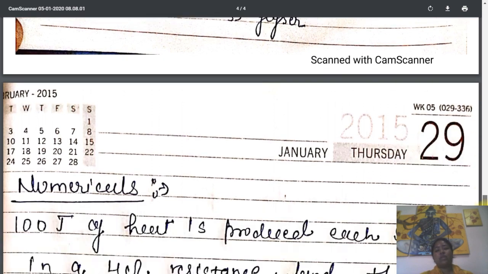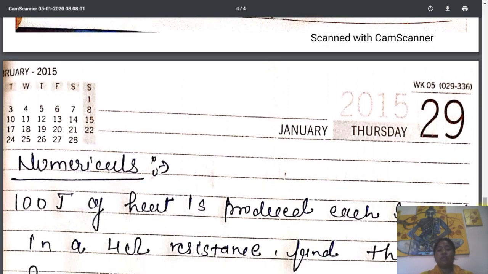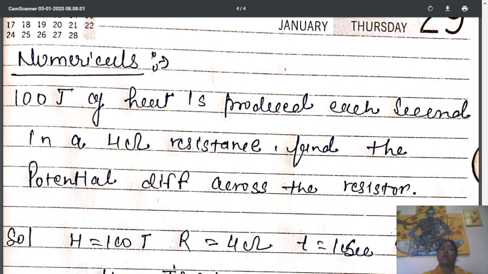Then we have one numerical based on the topic: 100 joule of heat is produced each second in a 4 ohm resistance. Find the potential difference across the resistor.